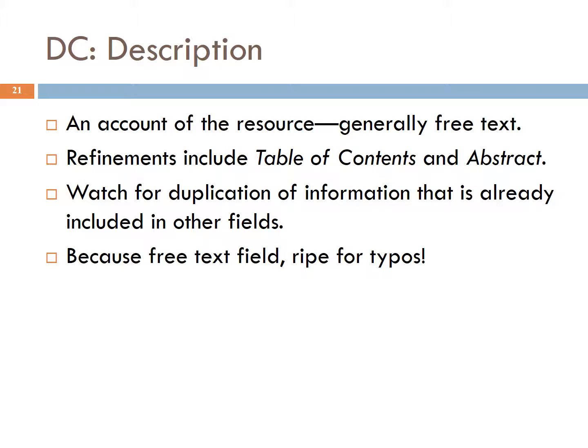It's generally advised that you follow the grammatical rules of the main language in which the resource exists when you're entering descriptive information. And so we sometimes see in the description field some brevity that causes a lot of confusion. There won't be complete sentences. I've seen some description fields that have been almost like bulleted lists.